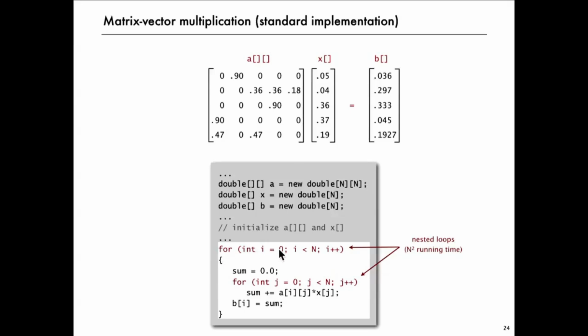For each row in the matrix, we have to go through each entry in the column vector and compute a running sum of the corresponding entries, and then that's the result that we put in the result column vector for every value of i. And the key thing about this standard implementation is that it's two nested for loops that each run up to n, so that's n squared, or quadratic running time.